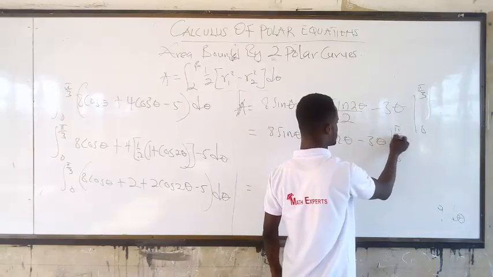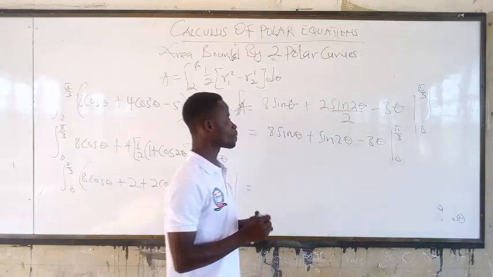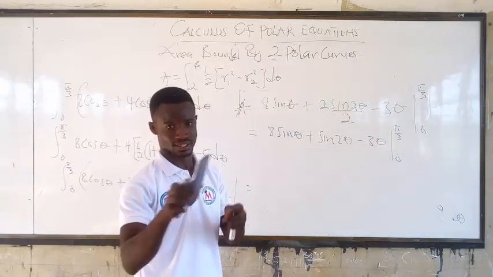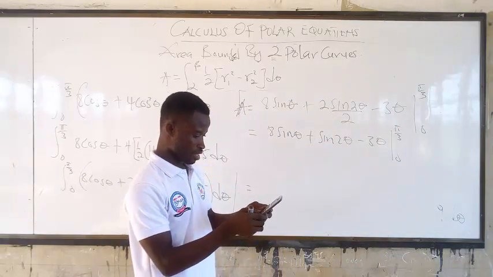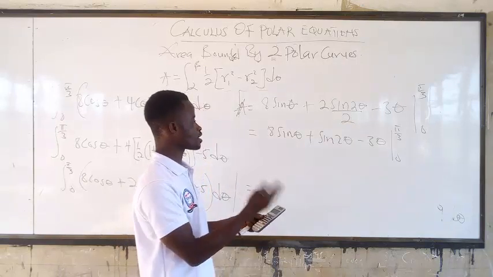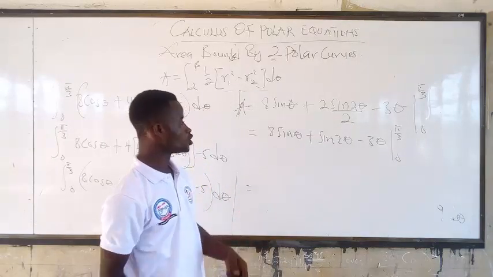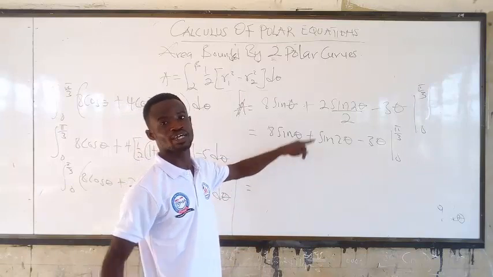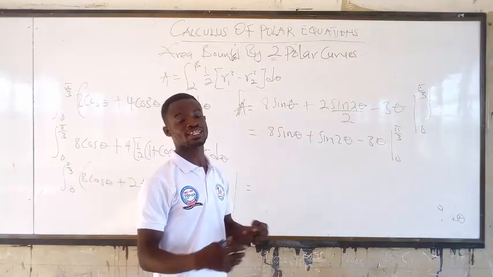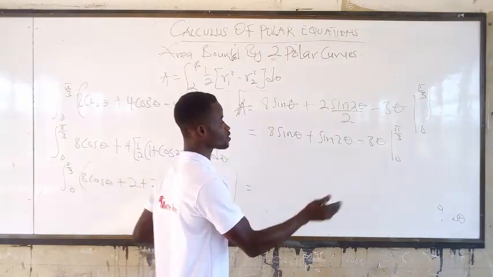From 0 to pi over 3. So, first test. Because we are going to do substitution, upper minus the lower. Oh, you know sine 0 will be 0. So after testing, knowing that it will be 0, the lower limit contributes 0.